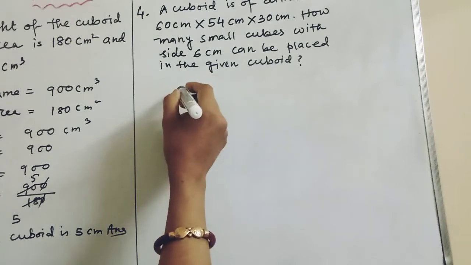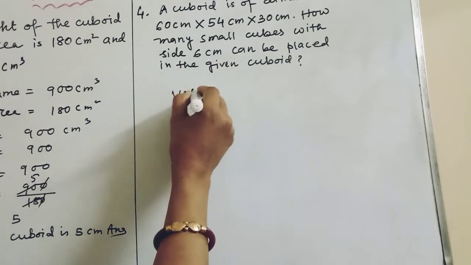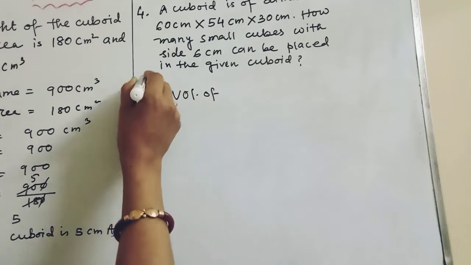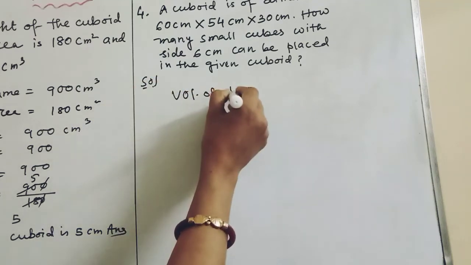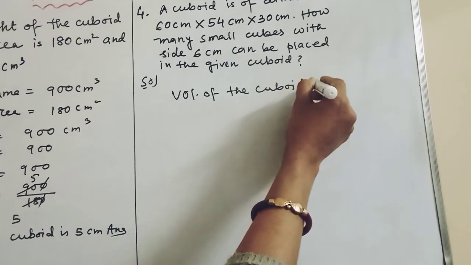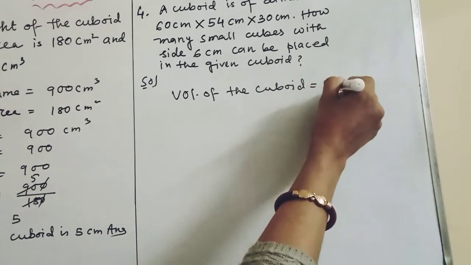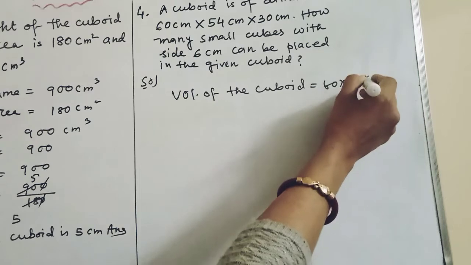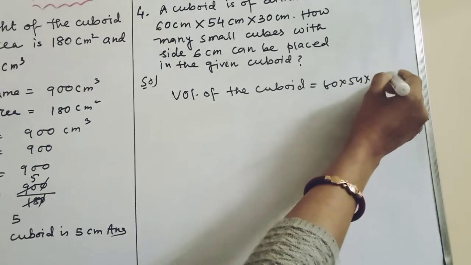Volume of the cuboid is equal to 60 into 54 into 30 centimeter cube.